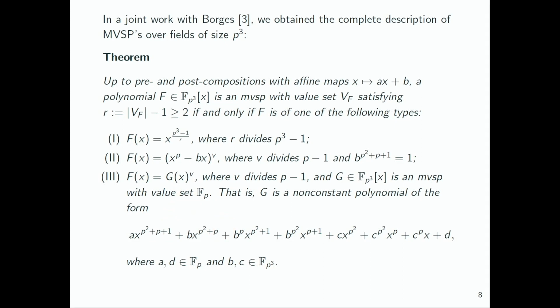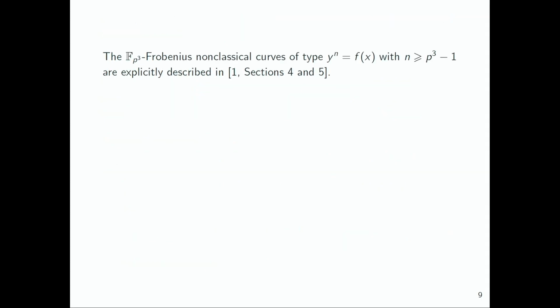We have a nice expression for them. And this was only possible because in 2013 we have a full characterization of MVSPs whose value set is a subfield. So we get the explicit form of these polynomials.